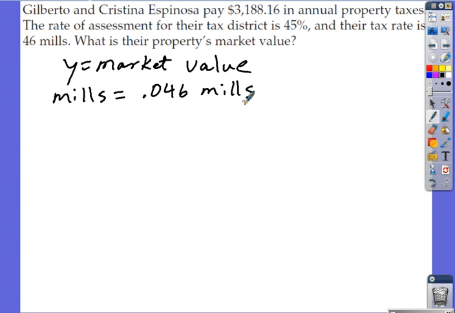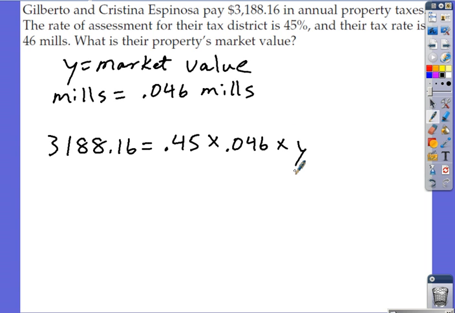If they pay $3,188.16 in taxes, all you need to do is take the assessment percent, which is 45% in decimal form, so 0.45, times the mill rate, 0.046, times Y. Okay, go ahead and set that up and solve for it.